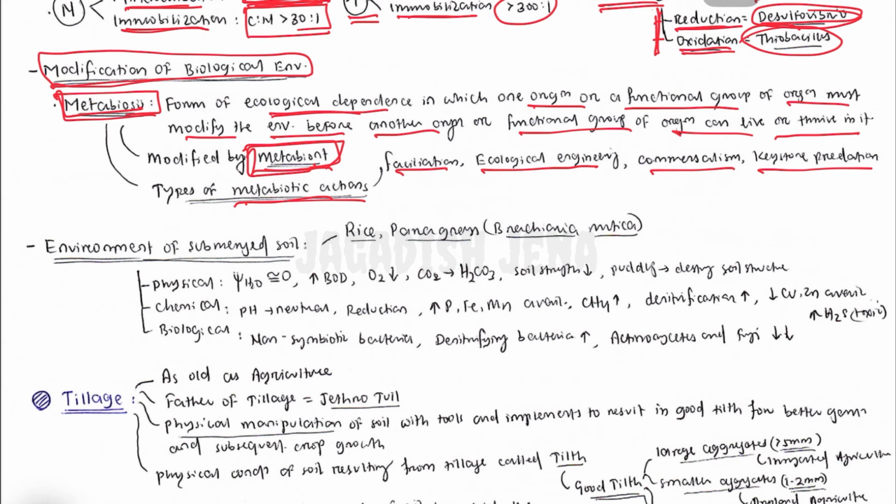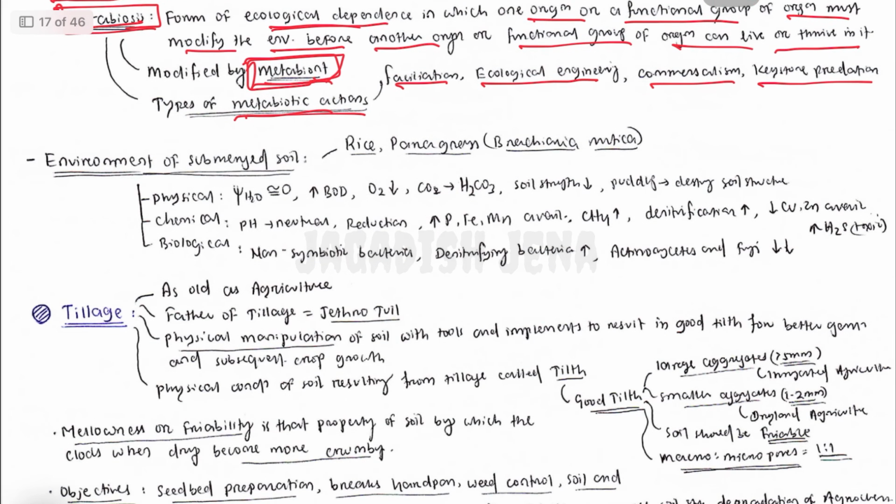Okay. Now, if we're talking about agricultural soil and soil environment, there is one important aspect we have to look into, that is environmental changes in submerged soil. When an agricultural crop field or any soil is submerged, there are changes in the physical, chemical, as well as biological properties of soil, which also affect crop growth and development.